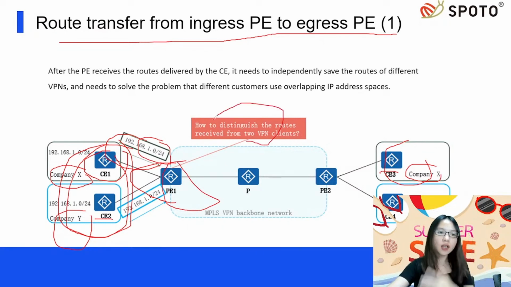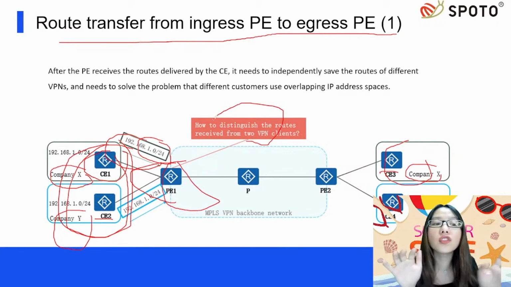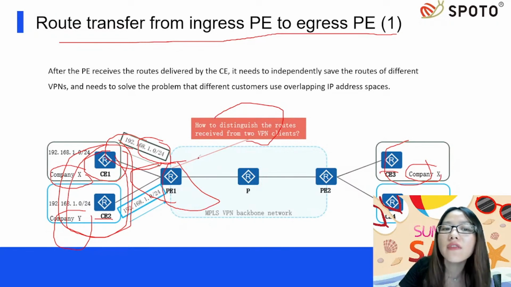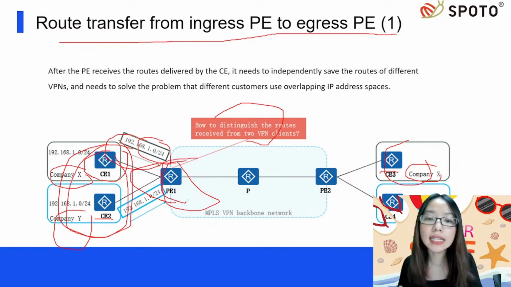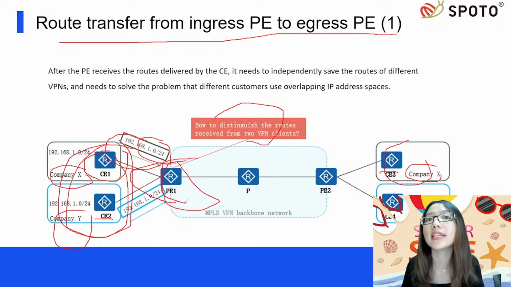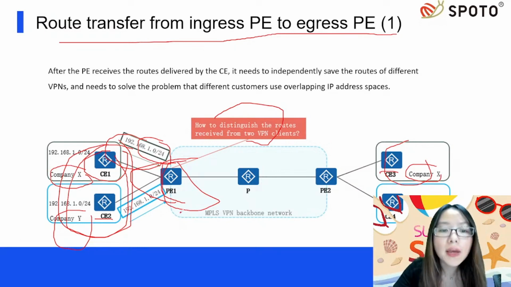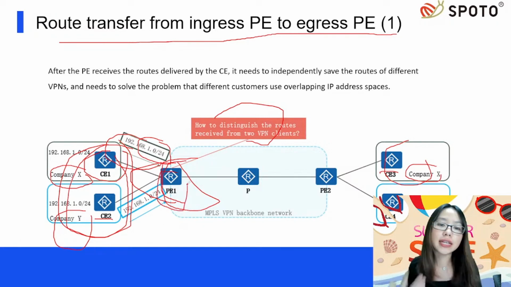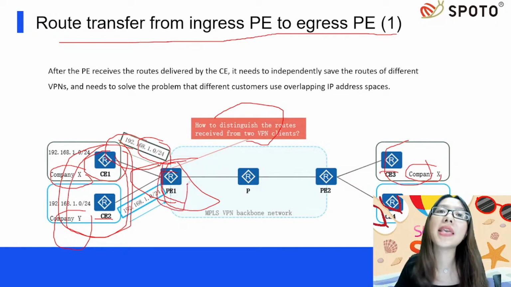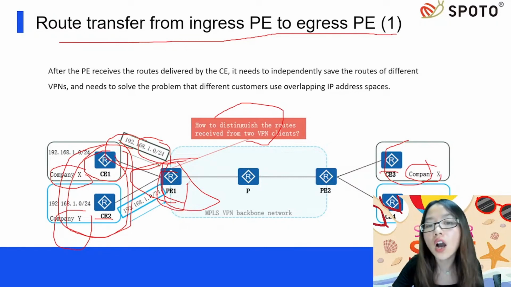We need to save the routes of different VPNs independently, and solve the problem that different customers use overlapping IP address space. So we need to know two concepts.